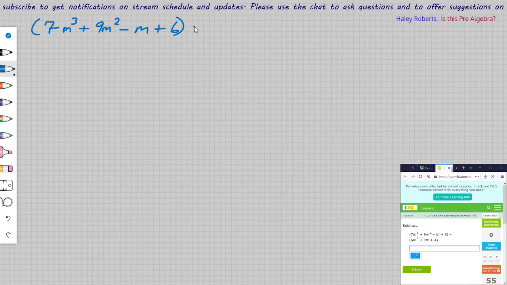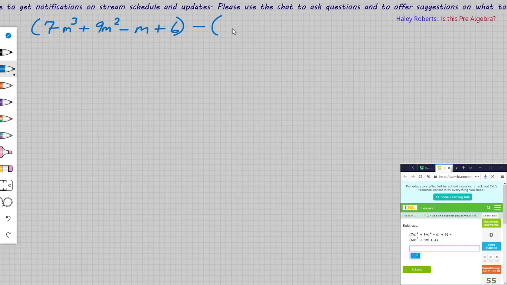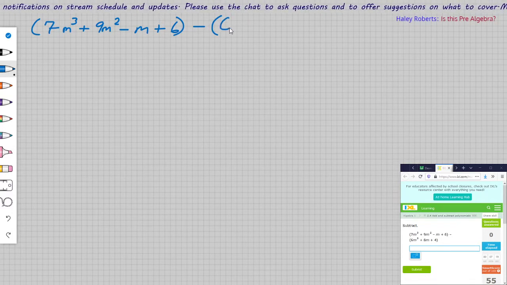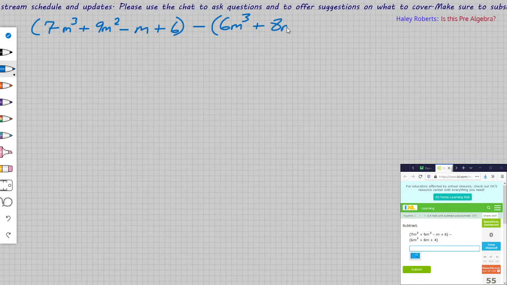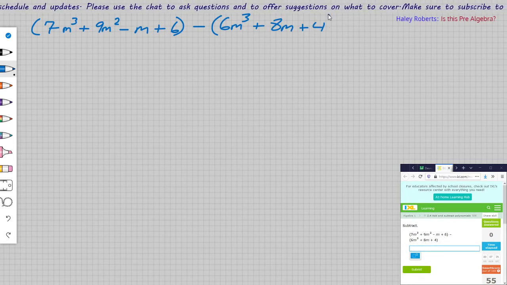And then we're going to subtract 6m cubed plus 8m plus 4.